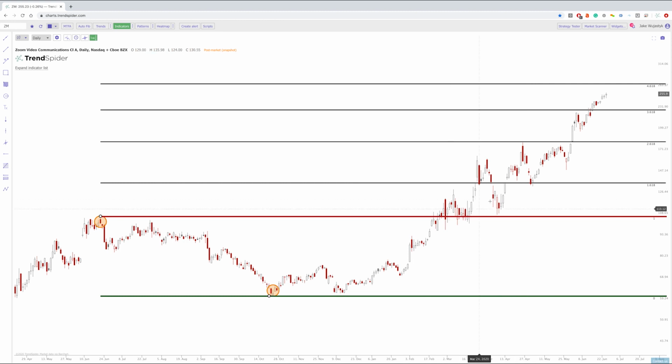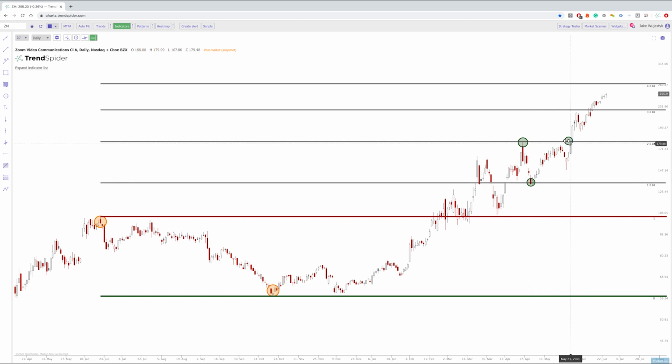Notice how our initial previous high did act as resistance, then support, and then once we moved up, we pulled right back down to this level and then rocketed right up to the 2.618, almost to the T, pulled right back down to the 1.618, and then ripped almost perfectly to the 2.618 again.